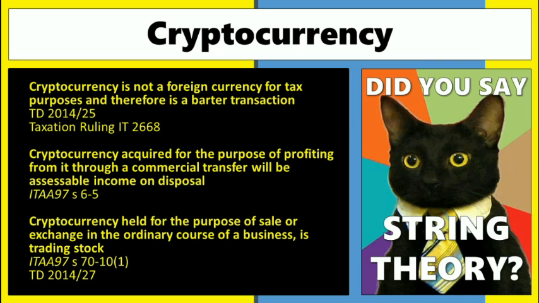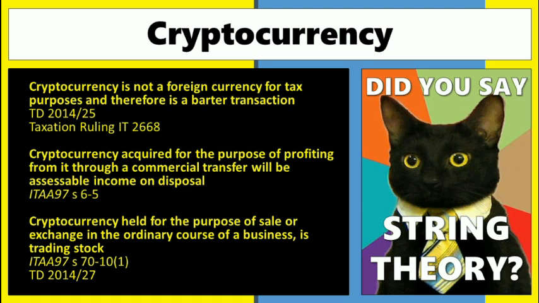It doesn't count as a foreign currency for tax purposes, it doesn't count as money. So the area of taxation law it falls under is barter. A person is swapping some amount of the Bitcoin or whatever similar blockchain currency, and they are swapping it for goods and services, or money in some situations.